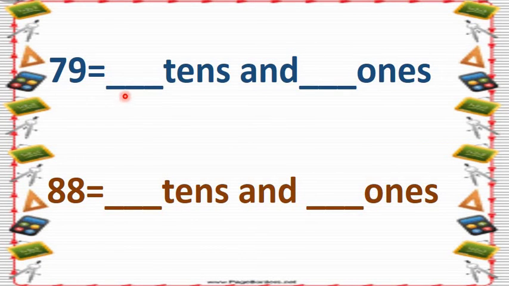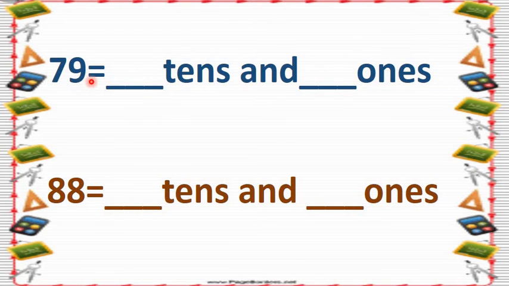79 is equal to dash tens and dash ones. What do you say? How can we write this? How can we separate number 79 in the form of tens and ones? First of all, we have to write number 7. Where do we have to write it?